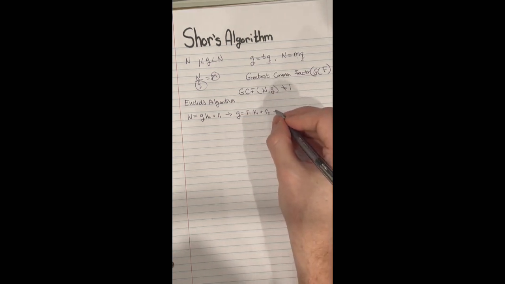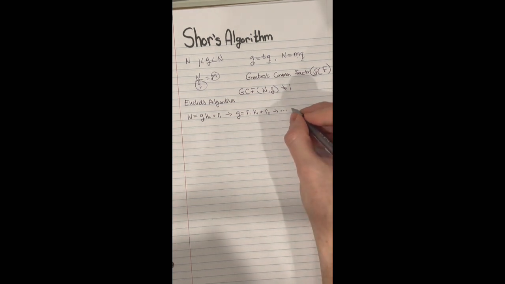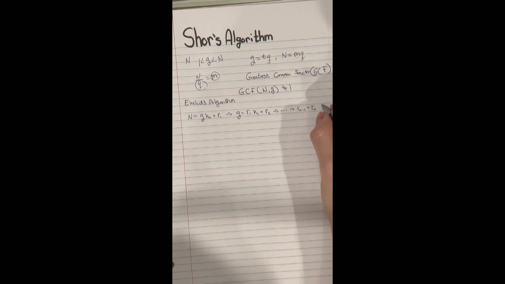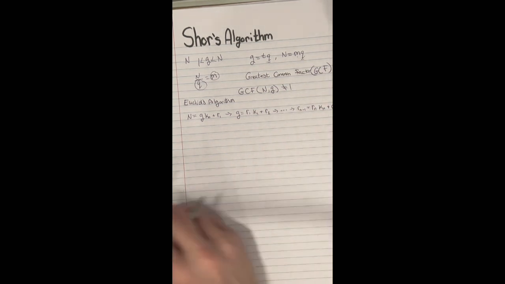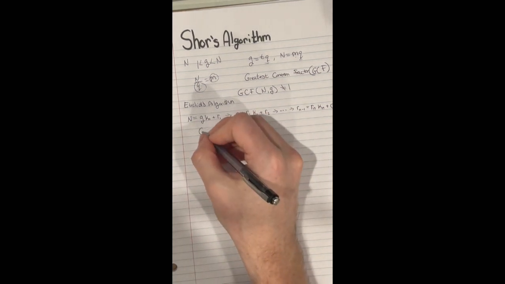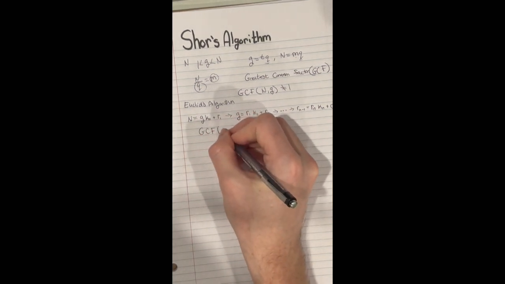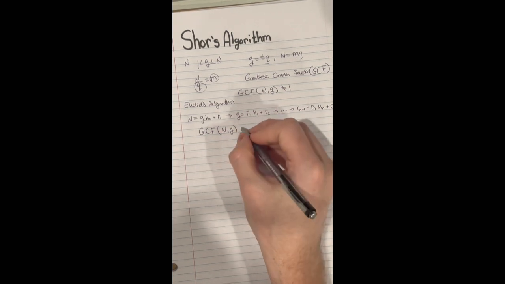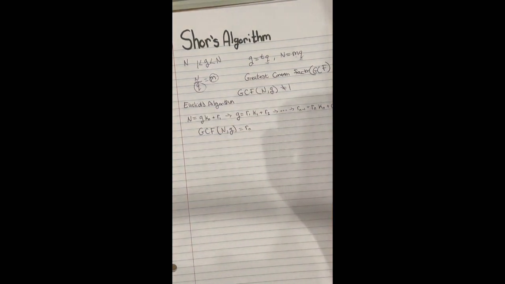And we'll continue this approach until we reach the point where we have R(n-1) equals Rn Kn plus 0. At which point we say that the greatest common factor between n and g is equal to this Rn value that we find here.